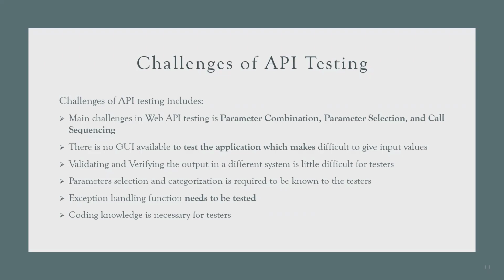So testing these types of applications makes it difficult to give input values. Validating and verifying the output in different systems is a little bit difficult for testers. Parameter selection and categorization need to be known to the tester. Exception handling needs to be tested, and coding knowledge is necessary for the tester to do API testing.